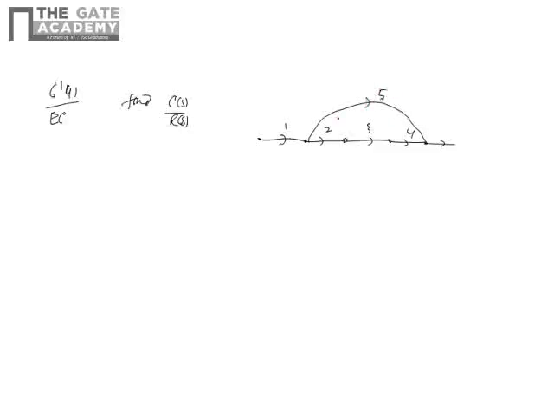This is 5, and for every loop there is a feedback of minus 1, minus 1, minus 1. Okay, right. So this is C(s) by R(s).